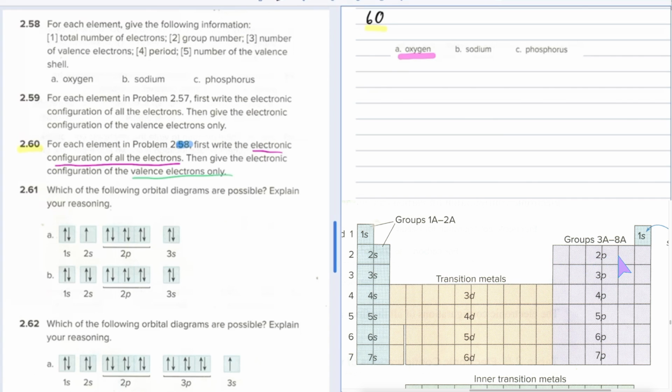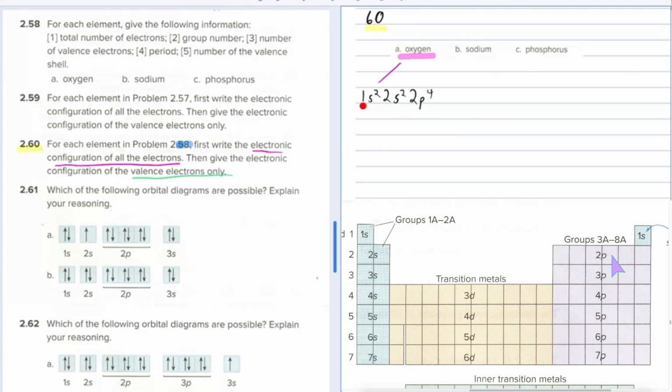Oxygen is 1s2, 2s2, 2p4. So that's the full electron configuration for oxygen. Now the valence electrons are the electrons that are in the highest energy level.